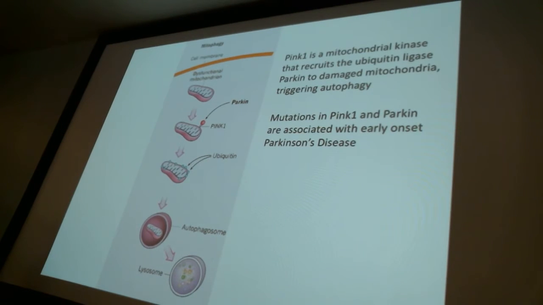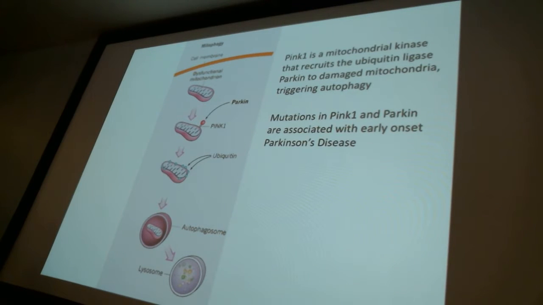I just wanted to mention again, to make links with diseases, Parkinson's disease, a very serious neurodegenerative disease. It has been worked out not long ago that there are mutations in these two proteins, PINK1 and PARKIN, and they are enzymes that recognize damaged mitochondria.